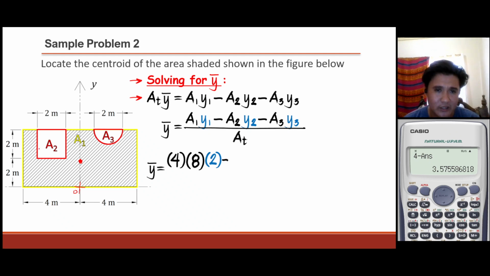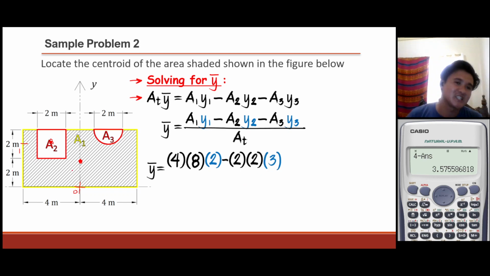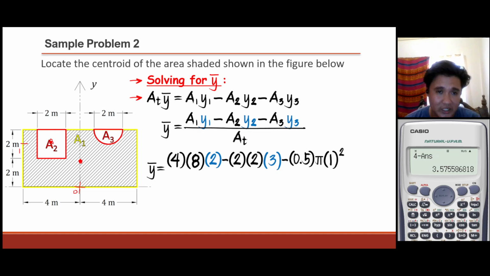Minus our area 2, which is 2 by 2. Then the y distance of its centroid: if this is 2, that means its centroid is here. So 2 plus 1 would give us 3. Again, all of our y distances are above the x-axis, so all of our y distances are positive. Then minus, our A3 is 1/2 pi r squared, and our y3, which we solved earlier, is 3.5756.